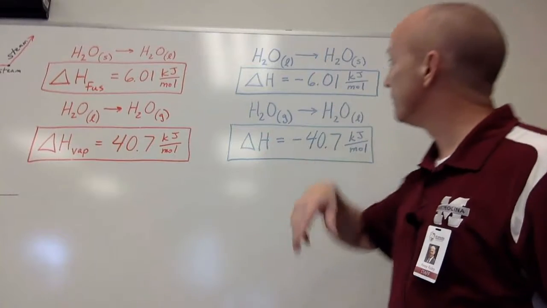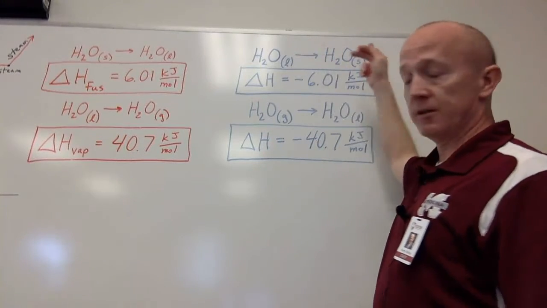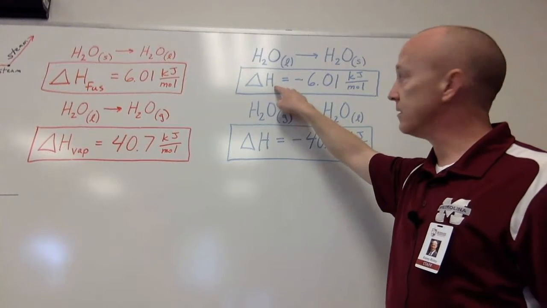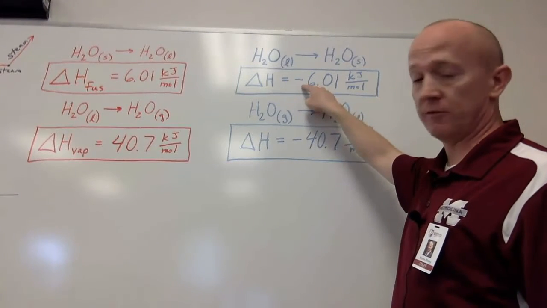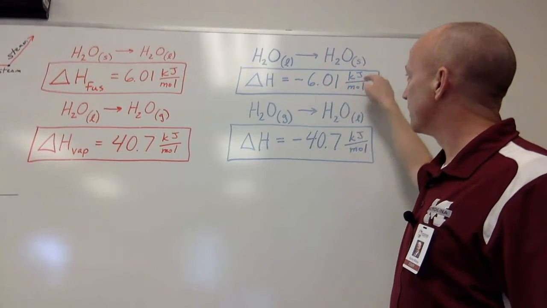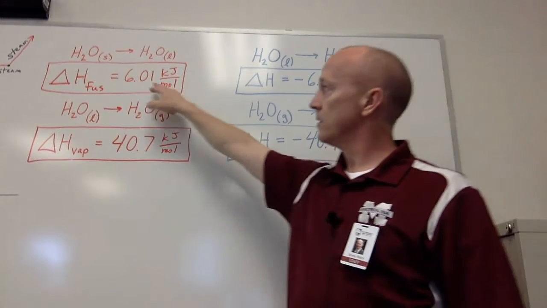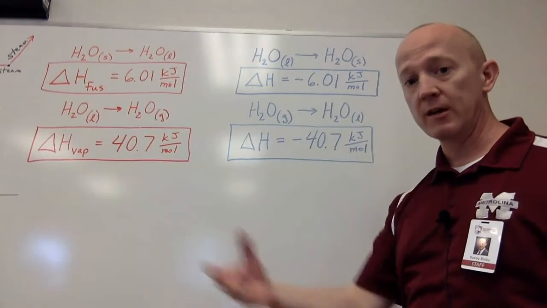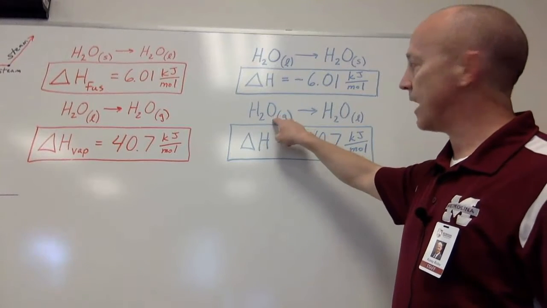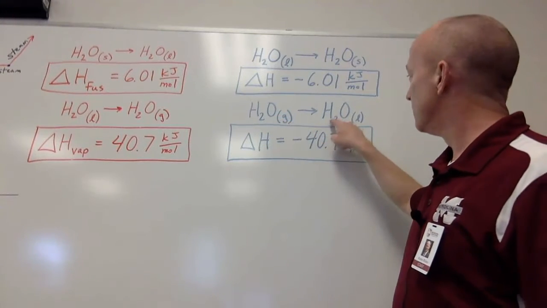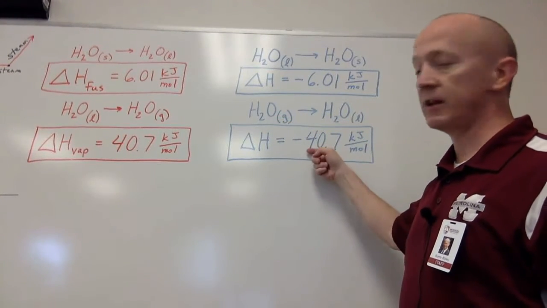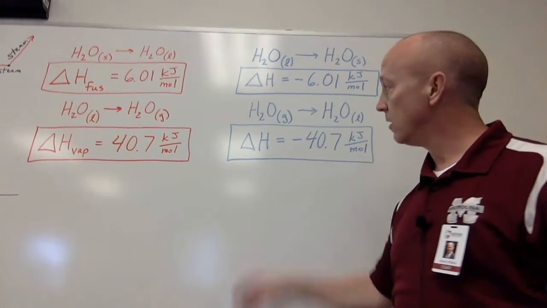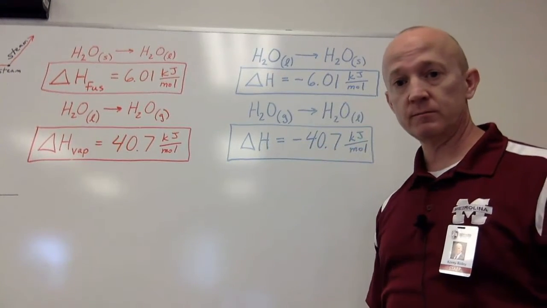The other way, going from liquid to solid, freezing, my change in heat, my delta H, will be negative 6.01 kilojoules per mole. Notice, it's the same amount. It's the heat of fusion, just negative. It's giving away that energy. Going from gaseous water or steam to liquid requires that I release 40.7 kilojoules for every mole of H2O that I'm converting. You get it?